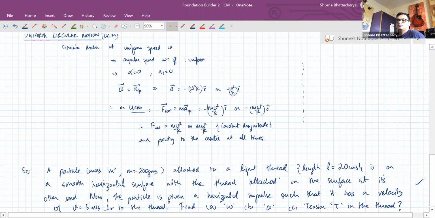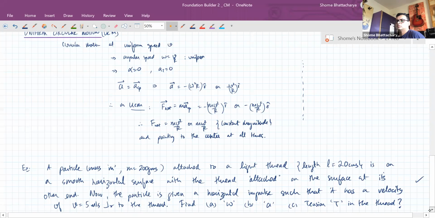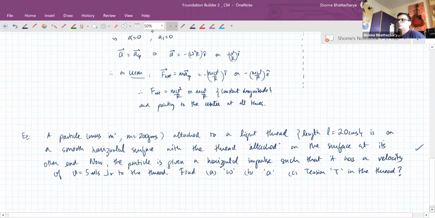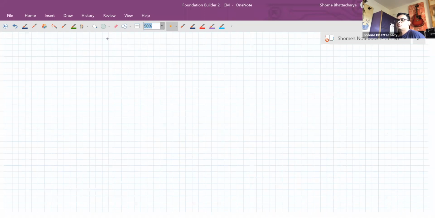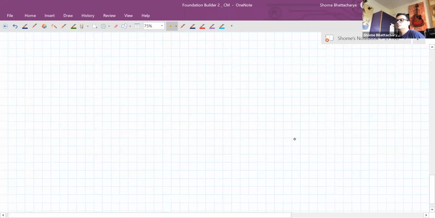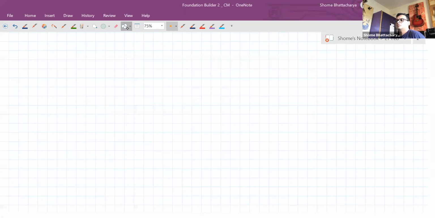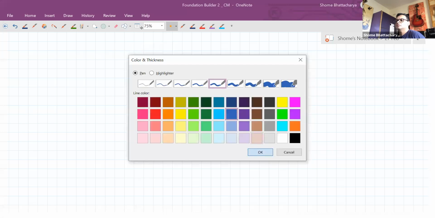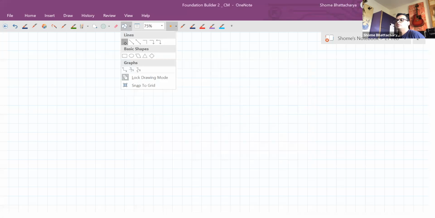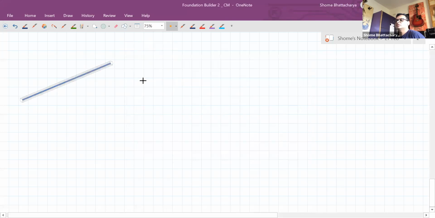Okay, so let's try to visualize the problem first. So what is basically happening is that on some kind of a smooth horizontal surface, or frictionless horizontal surface.